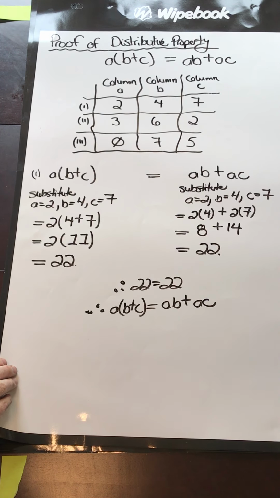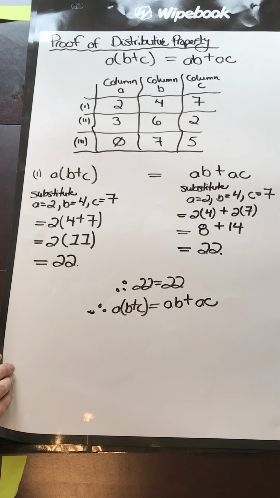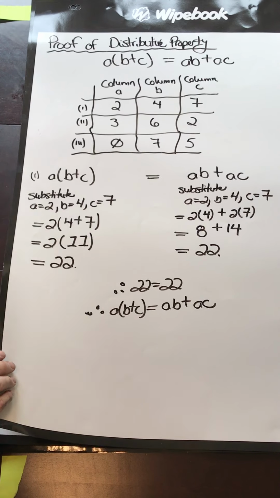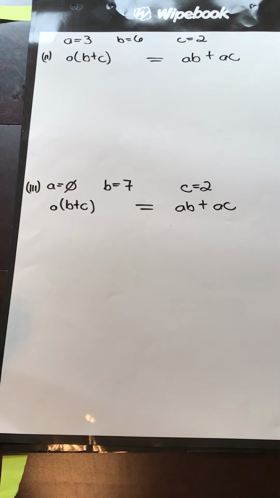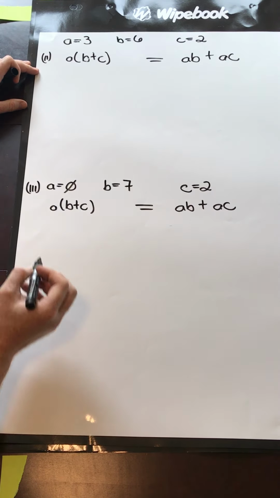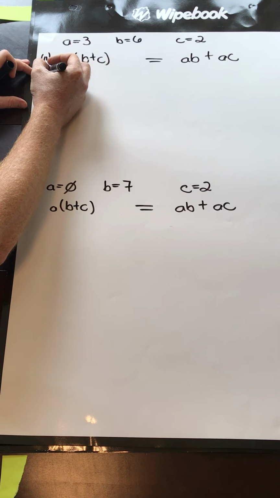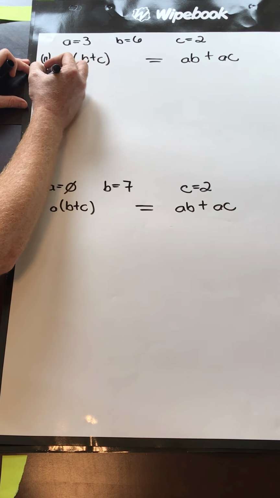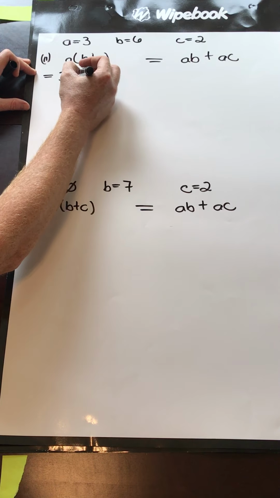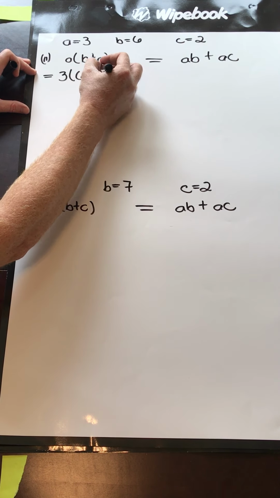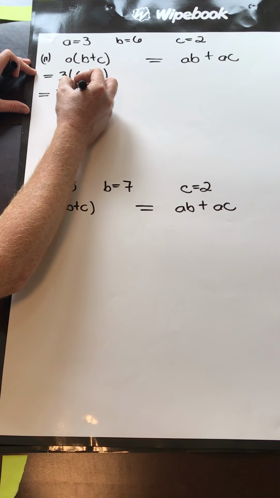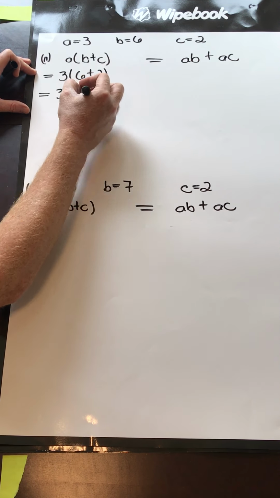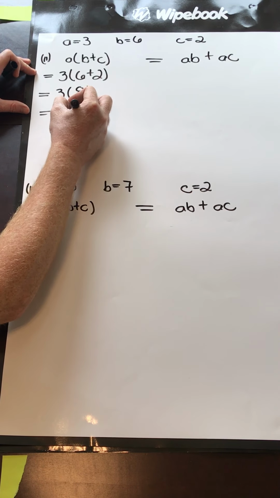Okay, so we just don't try it once and see if it works. We have to try it another time, and we're just going to try it one more time. Actually, 2 more times. So here I have my numbers from the column, and I'm going to substitute them in. So I have here 3 times 6 plus 2. Okay, I use my BEDMAS rule, so it's going to be 6 plus 2 is 8. 3 times 8 is 24.